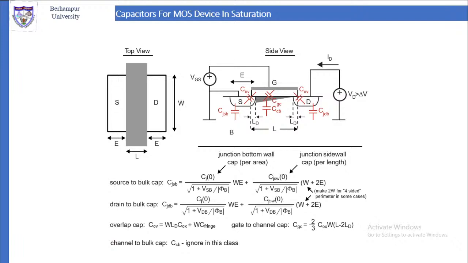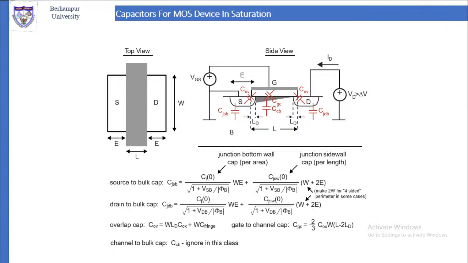Then take a cross section of the MOS and look from the side. In the side view, you can see the possible transistor capacitors available. One capacitor is between source and the ground, that is CJSV.